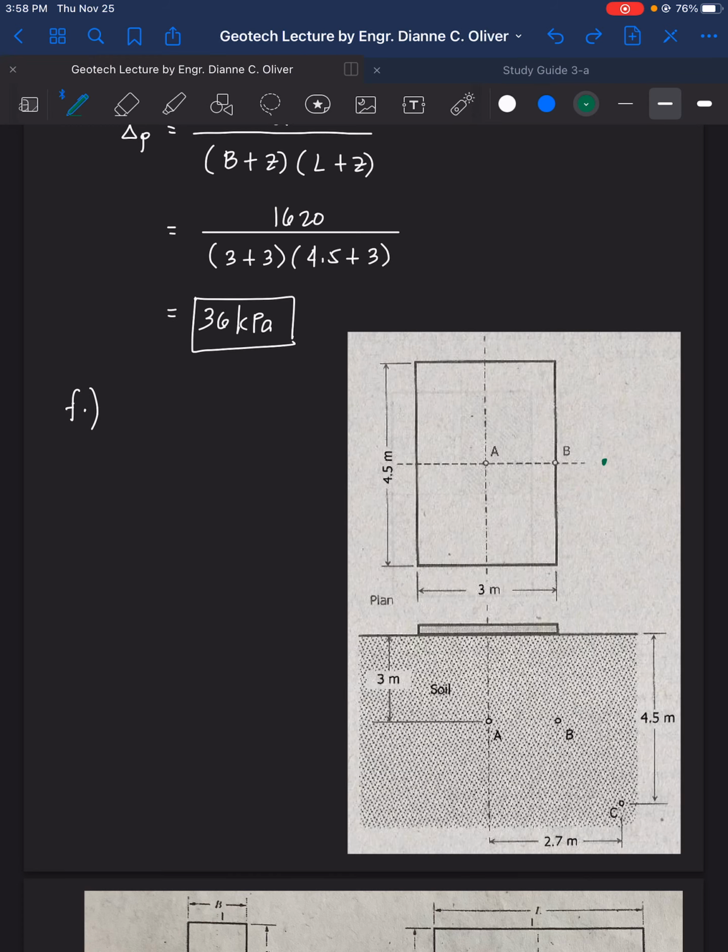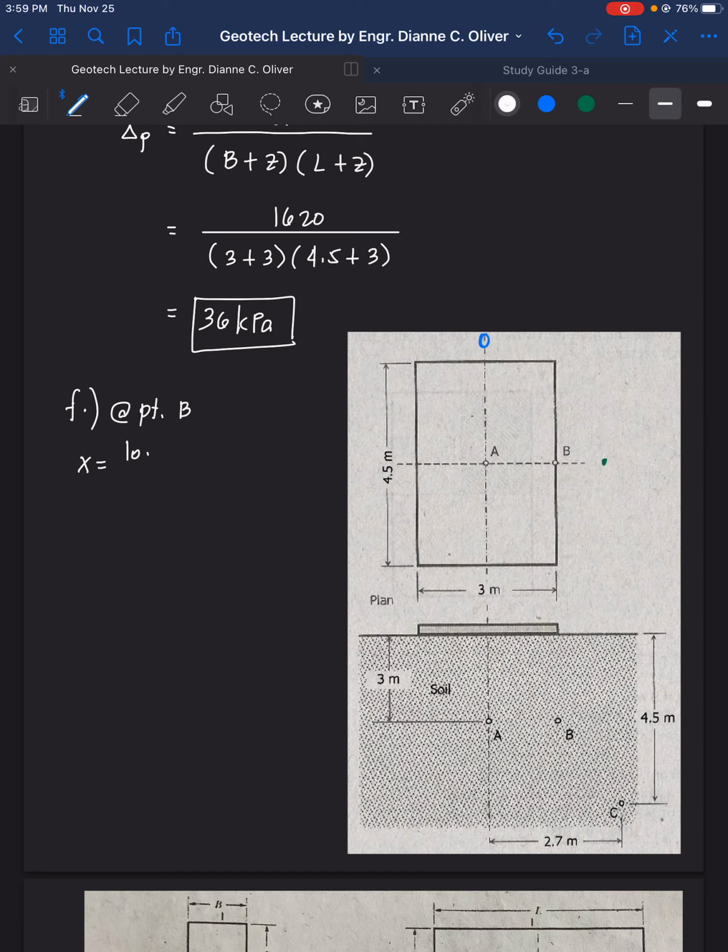The base is 3 meters and our point of origin is at point A, so let's put 0 here.